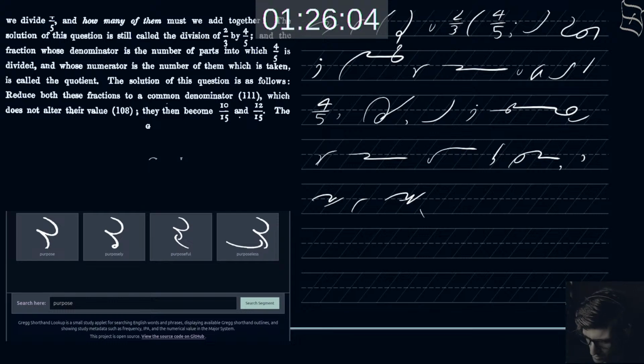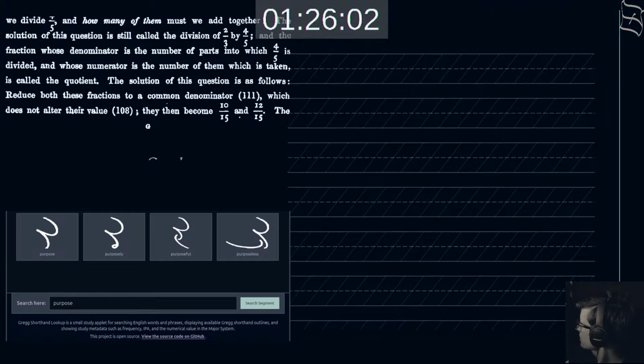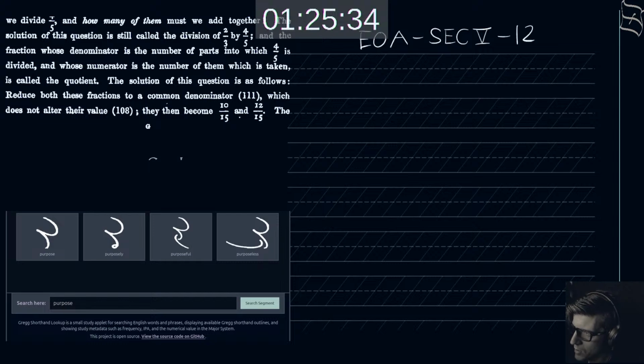Let me go ahead and write another level down here, another page. Okay, so we need Elements of Arithmetic, Section 5, and this is page number 12.